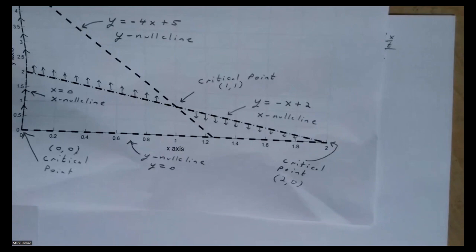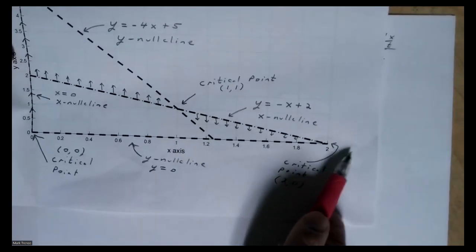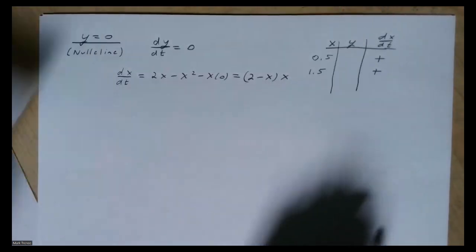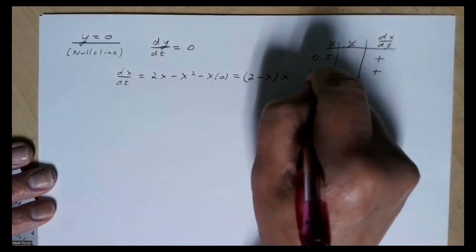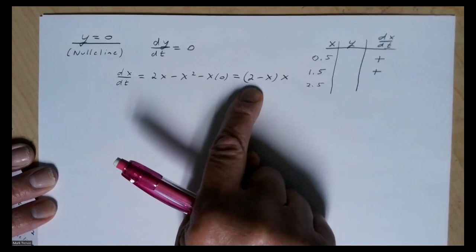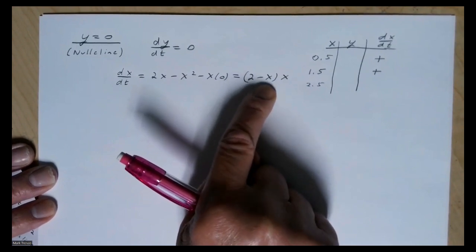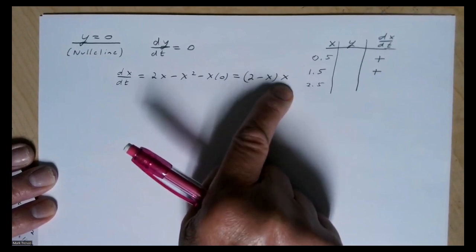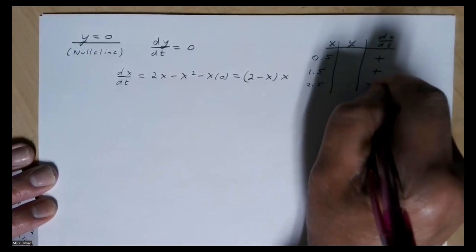And let's also pick something maybe past here. Let me pick 2.5. Now here you can see when you pick 2.5, this is going to be negative times positive. So that one's going to be negative.